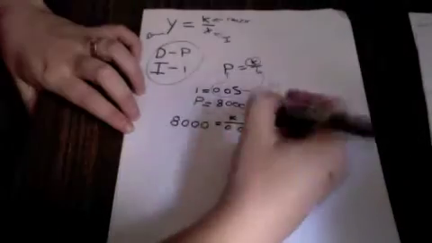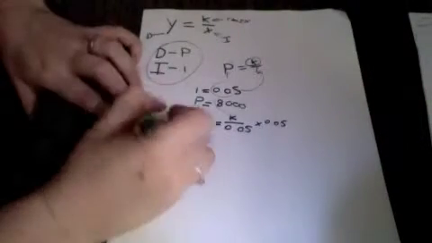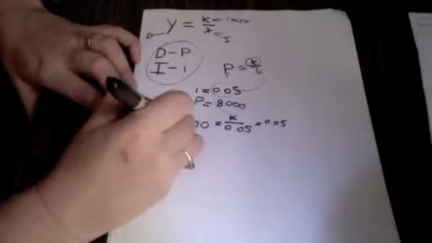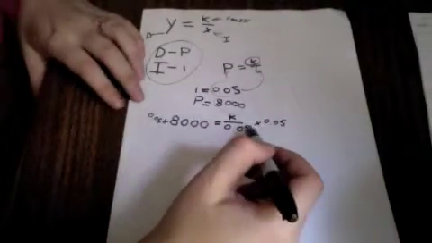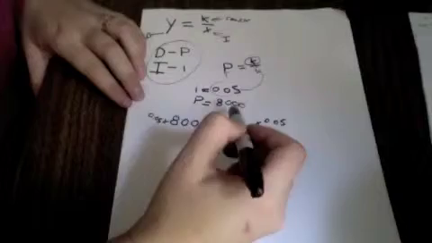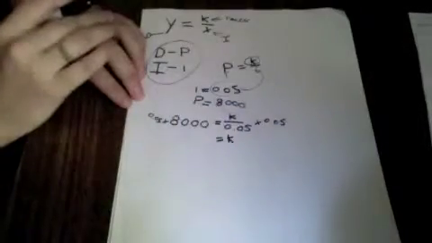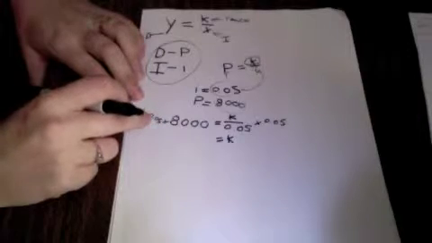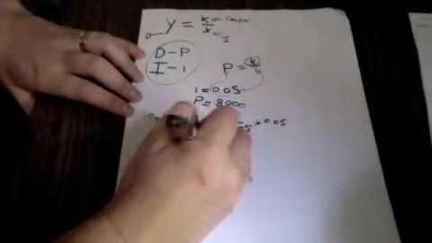What we need to do is we need to get K all by itself, so we have to multiply this side by 0.05, and whatever you do to one side you must do to the other. So 0.05 over 0.05 is just 1, so on this side we're left with 1K, or just K. And when you say 0.05 times 8,000, you get 400.